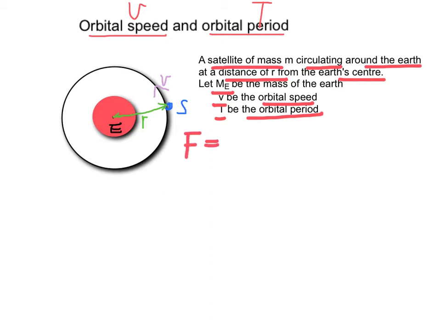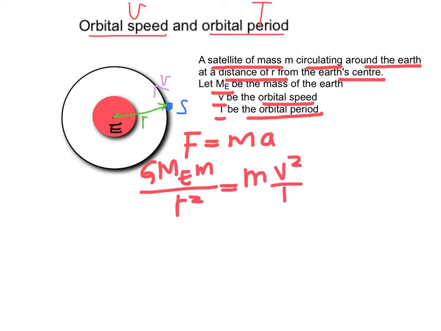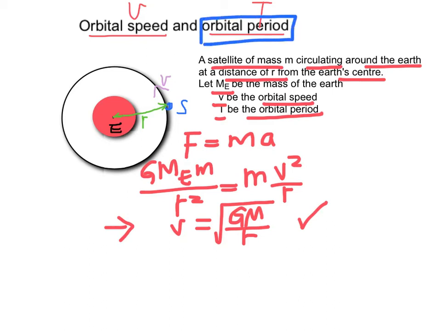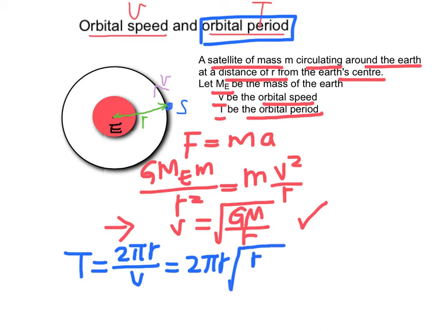By F equal to ma, we have G M m over r squared equal to m v squared over r, implying that the orbital speed equals the square root of GM over r. And the orbital period T can be found by 2 pi r over v, which equals 2 pi r times the square root of r over GM.